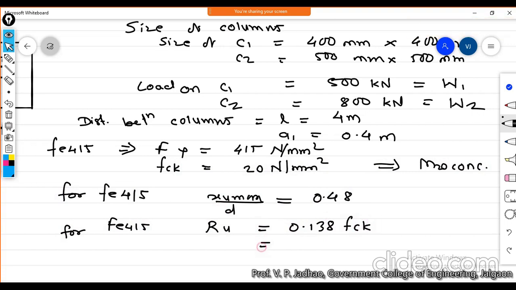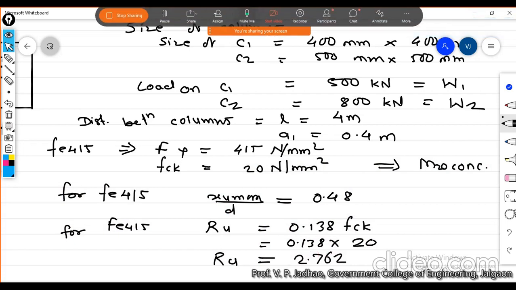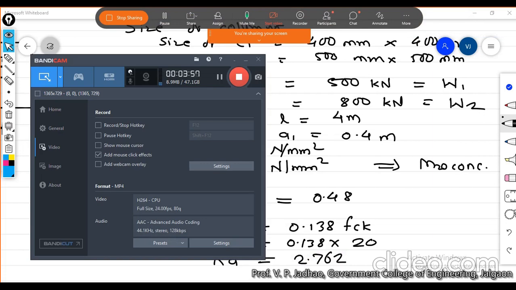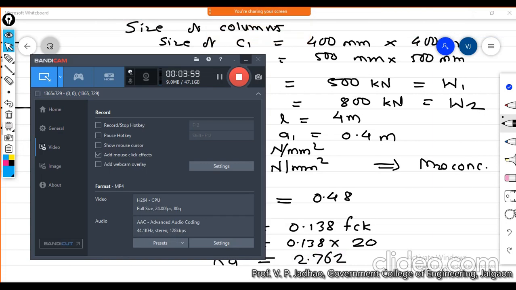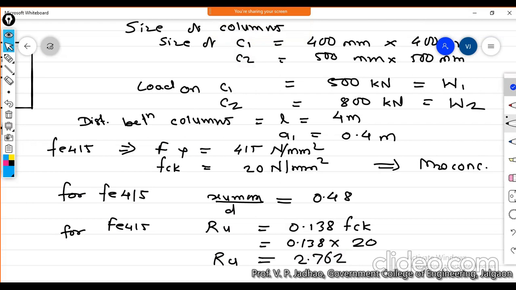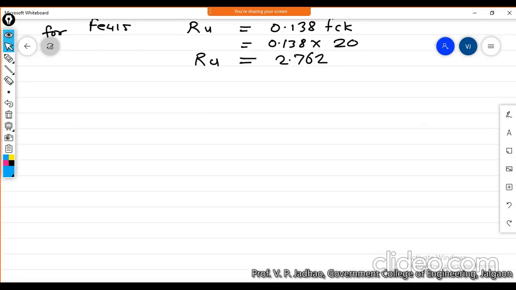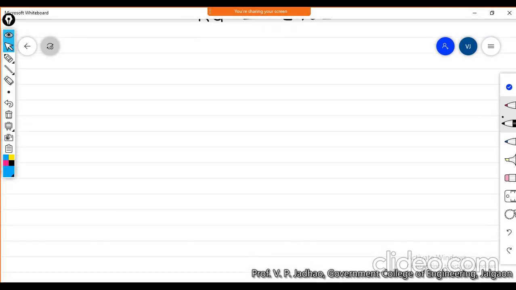Put the value of FCK here, 20 Newton per mm square. So we get this value RU is equal to 2.762. Okay, up to this point I don't think everything is different from the previous problem.